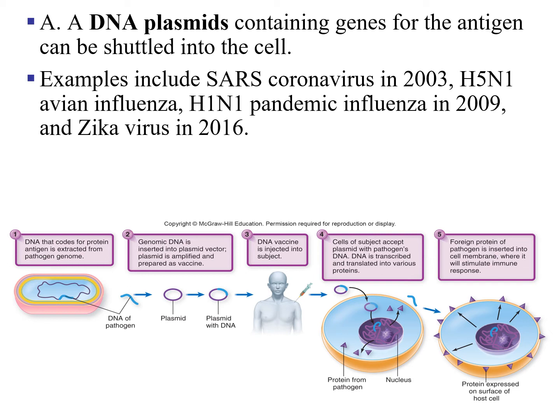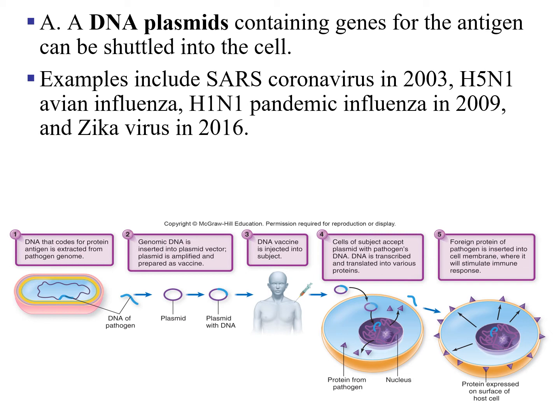The first specific one that we'll look at is DNA plasmid. A DNA plasmid contains genes for the antigen, and it will be shuttled into the cell. One specific example is the SARS coronavirus in 2003.